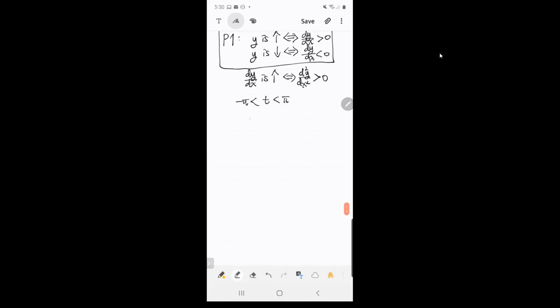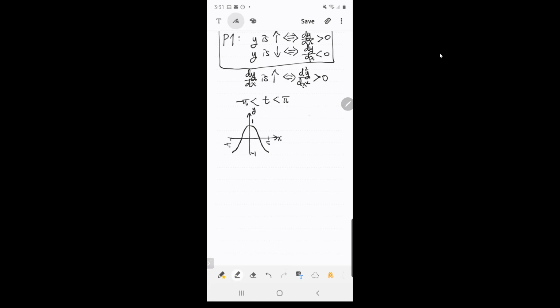You look at cosine. So for cosine, the graph is something like that. So this one is negative pi. This one is pi. Highest value is 1. Lowest value is negative 1 for cos.